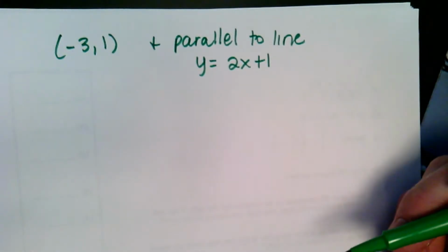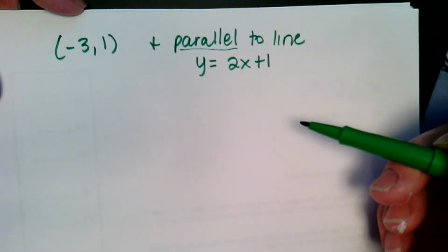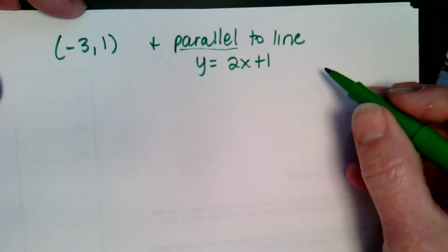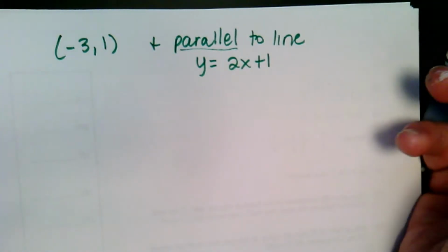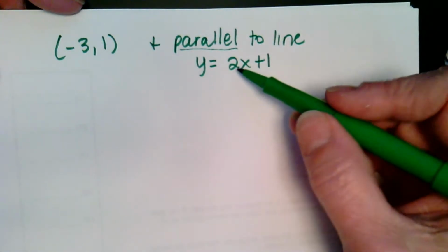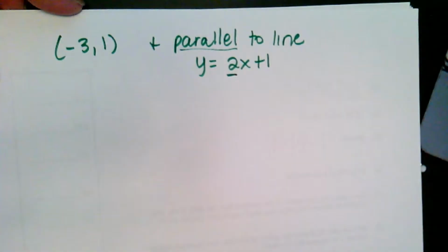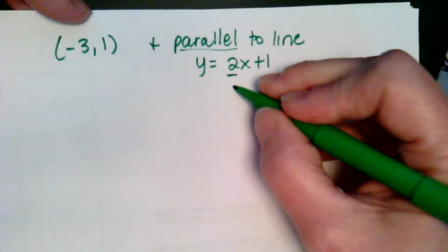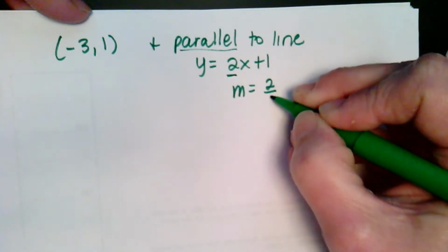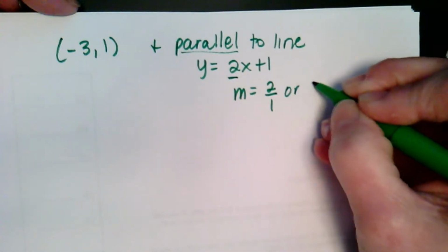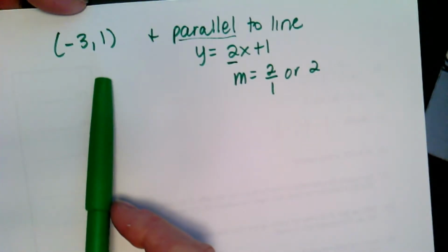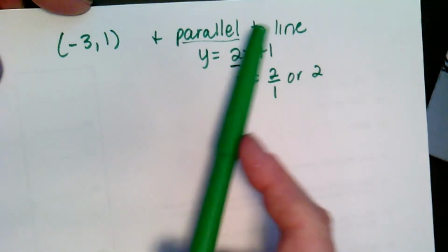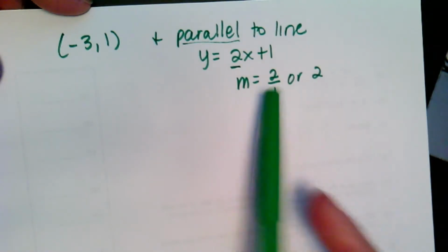They don't give us the slope, but they use the word parallel. And parallel slopes mean that they have the same slope. So if we look at the slope of this line, it's 2, or 2 over 1. So that means our slope of our new line will also be 2 over 1, because if it's parallel, it has the same slope.